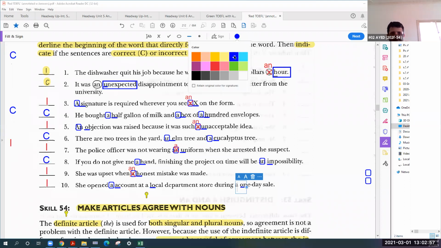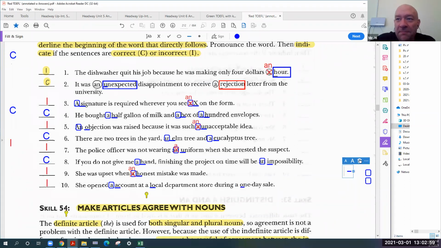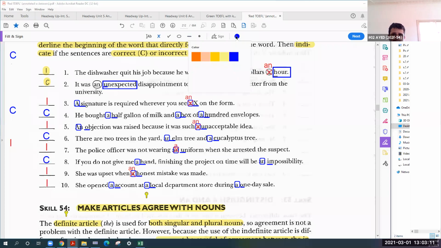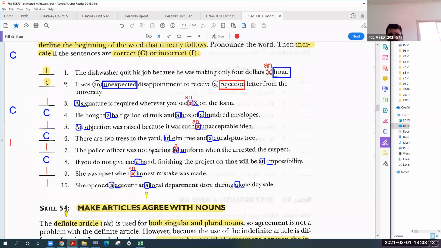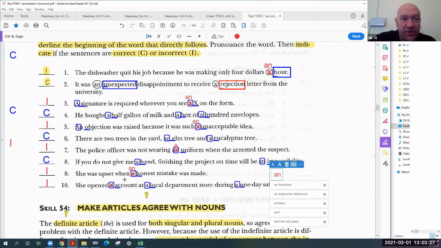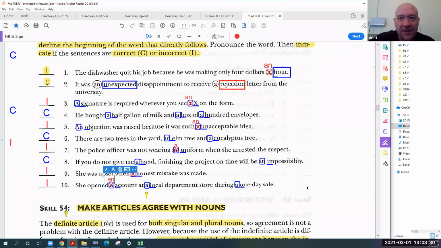This is also correct. But the problem is the first one. And what should it be? An account. Exactly. You can't say a account. You see, that's how you lose marks in TOEFL, gentlemen. Just the small details, guys. You have to remember these small details, okay?